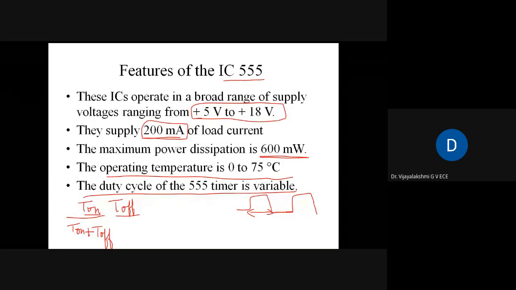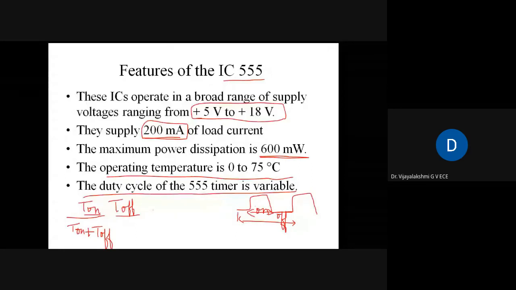So the ratio of on period to the complete period, that is the sum of on period plus off period, we call this the duty cycle. So the duty cycle of this timer is variable. You can vary it. These are some of the features of a 555 timer.